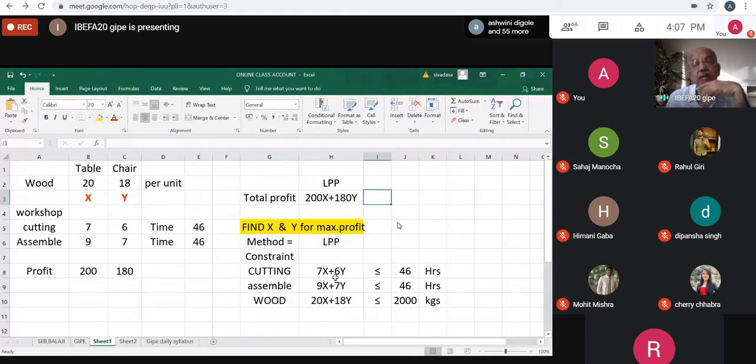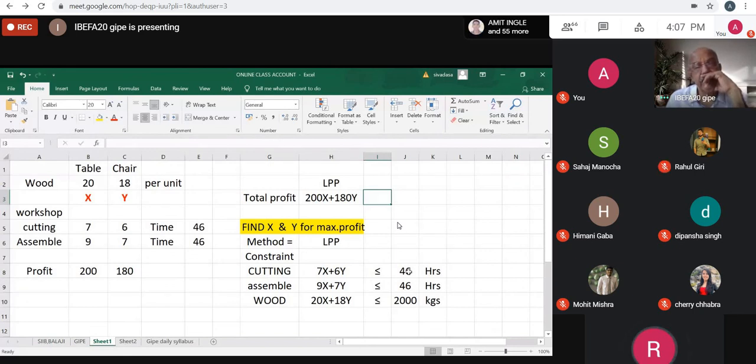What is the meaning of 7x plus 6y? Anybody? Time taken by table plus time taken by chair. Total time for x plus y products, isn't it? Yes, sir. In cutting, that should not be beyond 46.